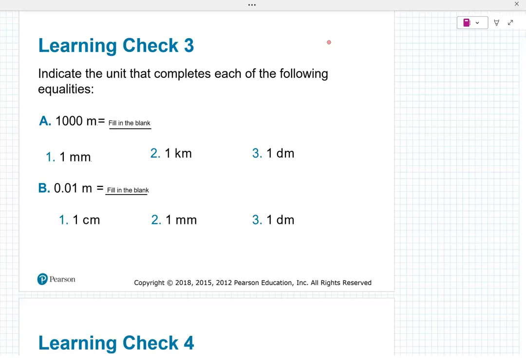Say again? No. 2. 1 kilometer. 0.1 meter. 0.01, sorry. 1/100th. 1 centimeter. Okay. Right? It's 1/100th part of a meter. Okay? It's a centimeter.